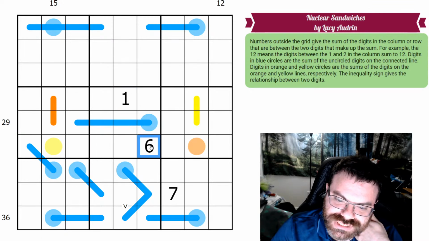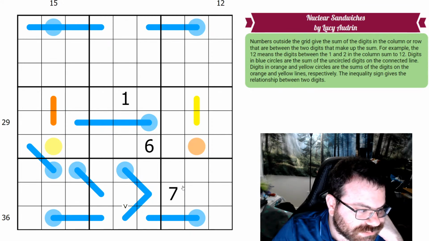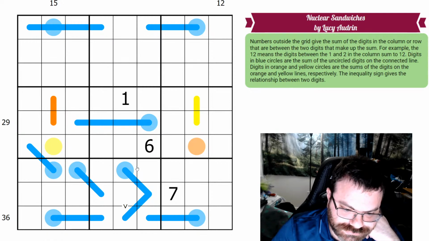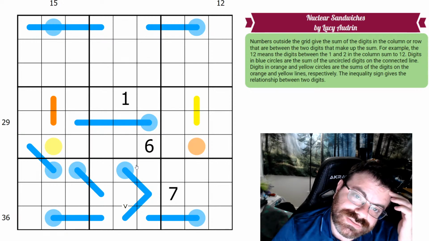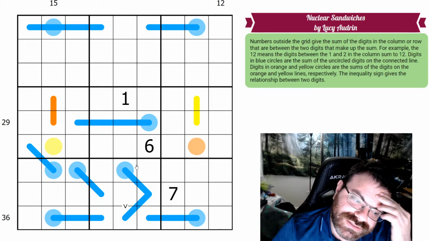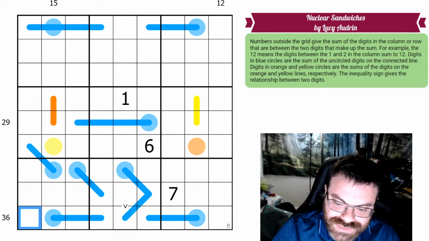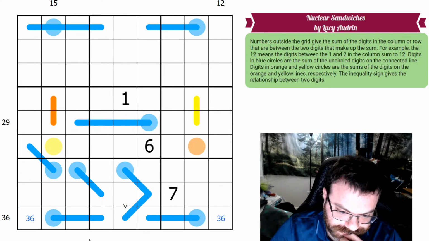We have 3 given digits, guys. 36 between the 3 and 6. 36 plus 9 is 45. So doesn't that mean these have to be a 3-6 pair?